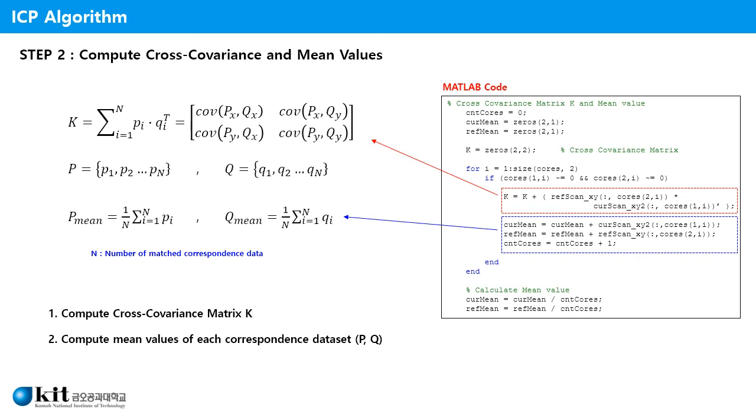And also, we can compute the mean values of P and Q by the summation of all elements divided by n. N is the number of elements which have correspondence information.